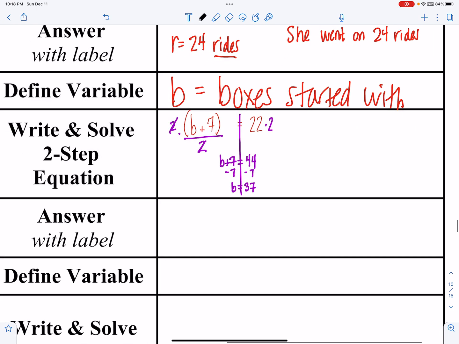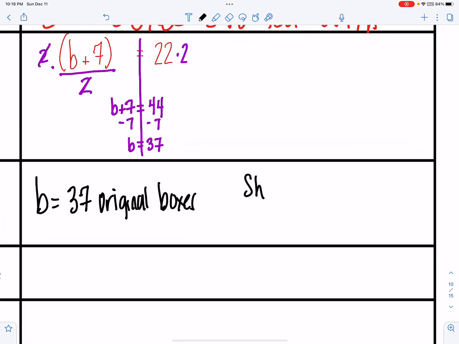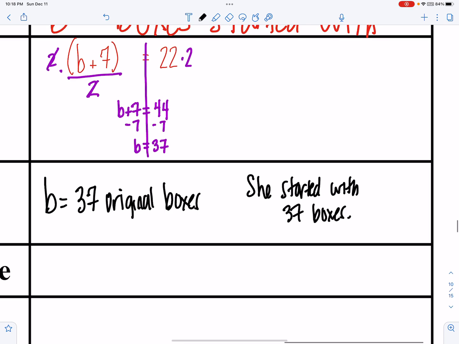And so we have B equals 37 original boxes. And so our official answer, how many boxes did she start with? She started with 37 boxes. Okay.